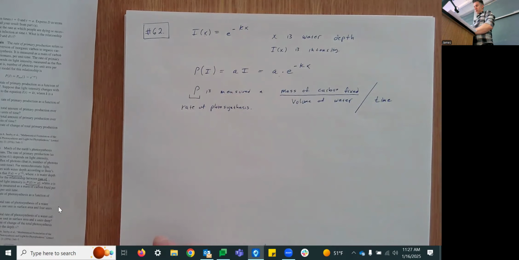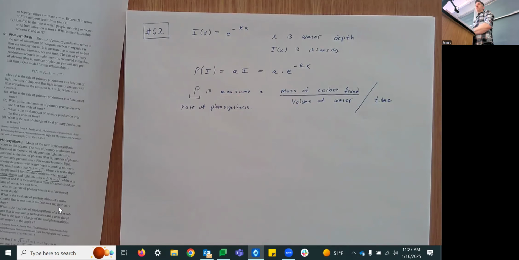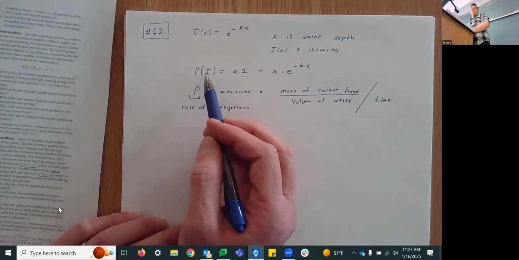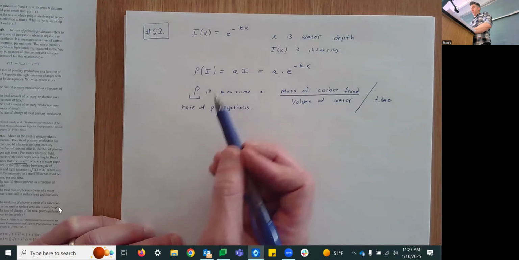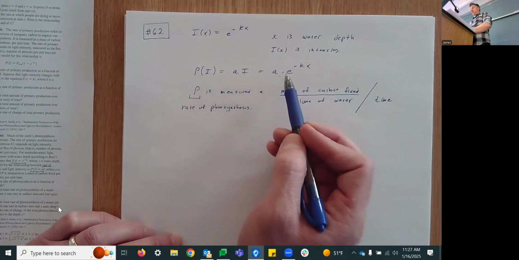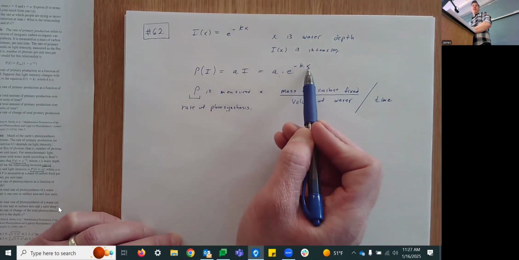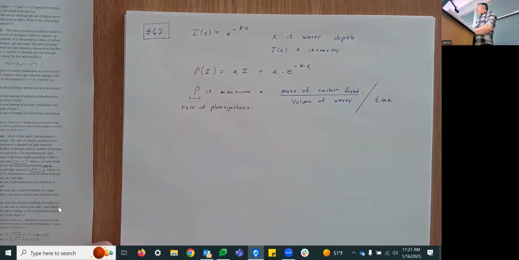So the first question is, what is the rate of photosynthesis as a function of water depth? And I think we already answered it, except I should have written it as P of x instead of P of I. As far as we're concerned, P is the rate of photosynthesis, and it's equal to A times I, which is A times e to the negative k times whatever the depth is. So I don't see anything else to say about that.